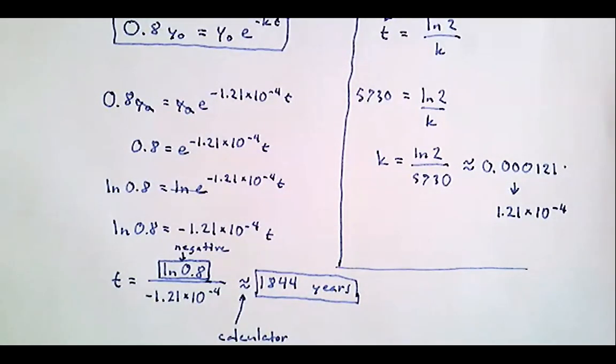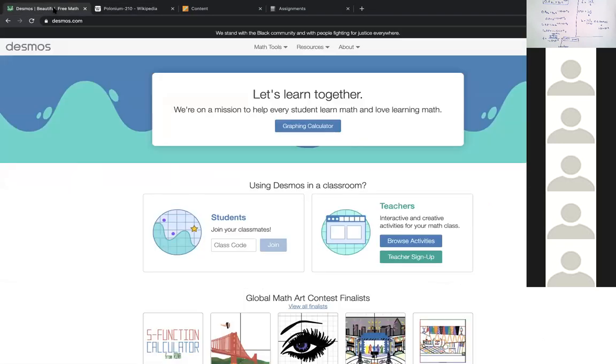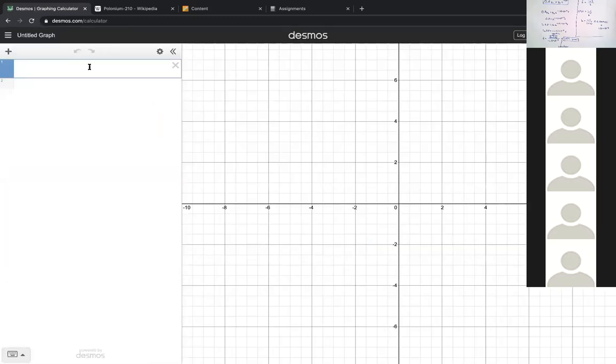Okay, and with the last few minutes of class, I think it would be a good idea to go look at some graphs. Switch back over to my browser. Go to Desmos. And we'll put in, let's see, I think you can still see my camera.